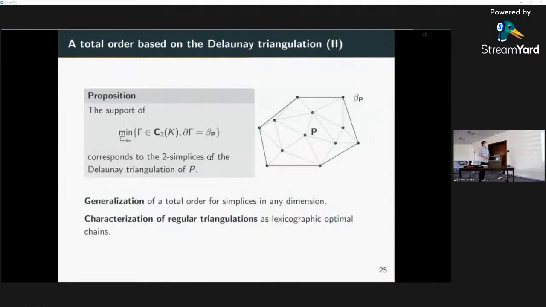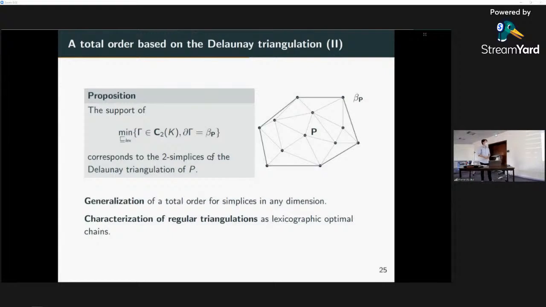In fact, we justify this order from the fact that if we take a two-dimensional set of points P, and we consider beta P to be the boundary of the convex hull of this set of points, we have a theorem that shows that minimizing in the set of chains in the full complex, which means all the complexes you can possibly create on this set of points P, the chain that is bounded by beta P, the support of this chain corresponds to the two-simplices of the Delaunay triangulation. This means we can characterize 2D Delaunay triangulation as a lexicographic optimal chain using this total order on two-simplices.